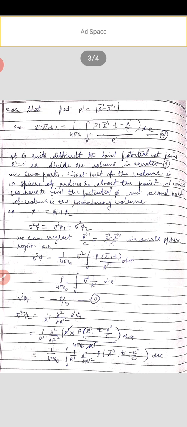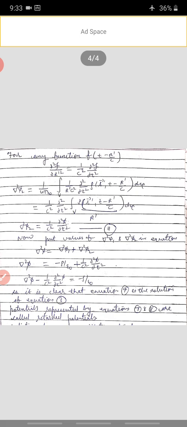Then we get ∇²φ₂ = (1/r') ∂²/∂r'² ∫ r' ρ(r', t − R/c) dτ / (4π ε₀ R), and we get ∇²φ₂ = 1/(4π ε₀) ∫ (1/r') ∂²/∂r'² ρ(r', t − R/c) dτ.